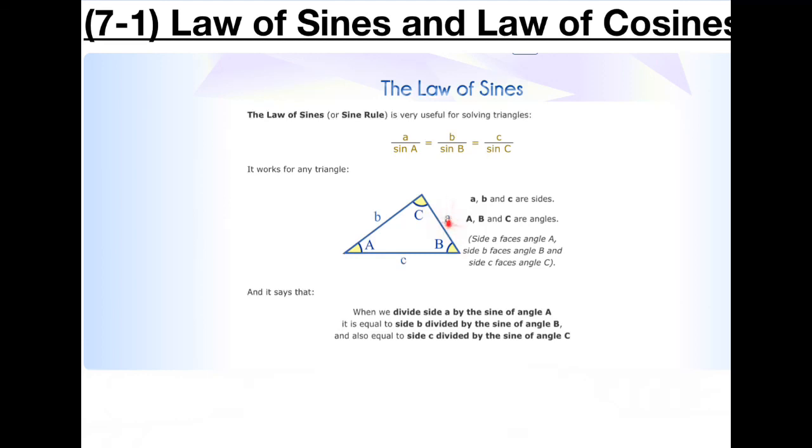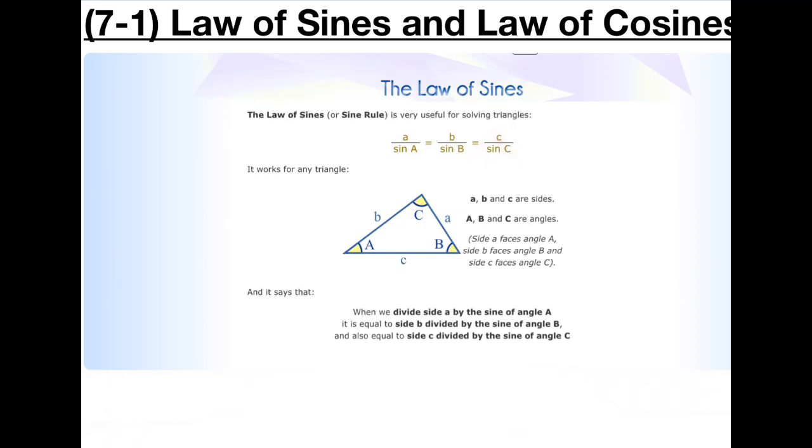If you divide this little a by the sine of that angle, so a divided by sine A, then this ratio is equal to dividing b, the length of this side, by the sine of the opposite angle, and this ratio is equal to dividing side c by the sine of the angle opposite to that one, c over sine C.